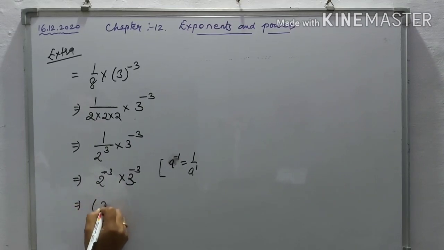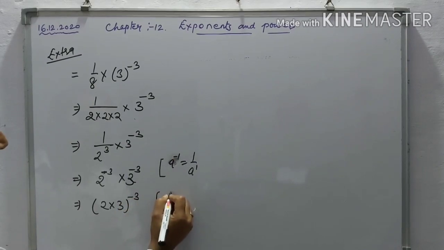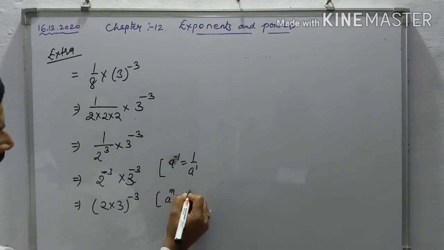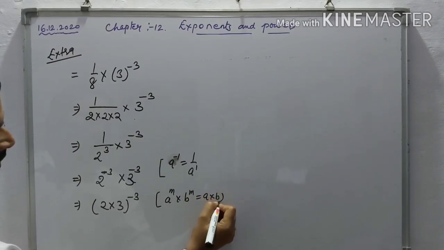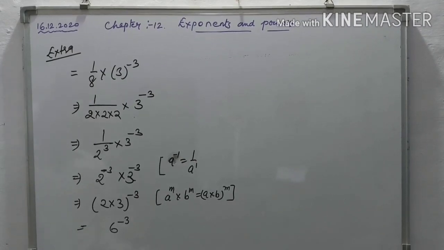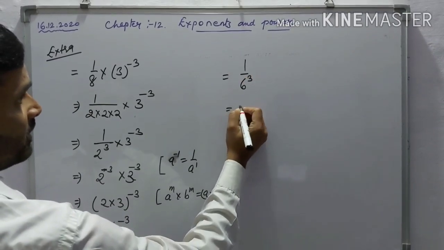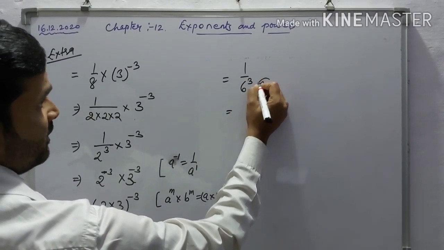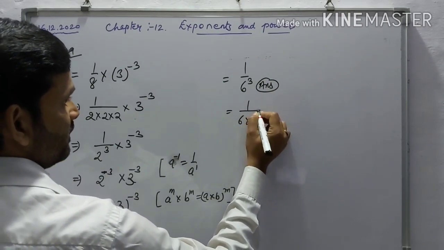Here we use 2 into 3 to the power -3, because a^m × b^m = (a×b)^m, then 6^(-3). Then 6^(-3) changes into positive sign: 1/6^3. The answer in expanded form is 1/(6×6×6).